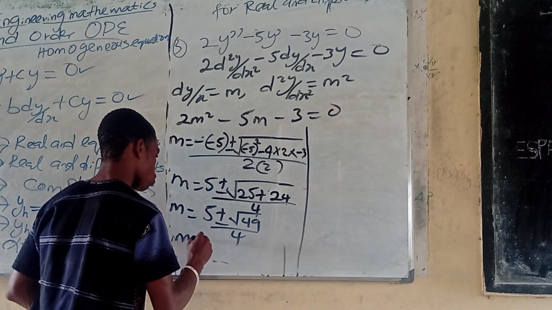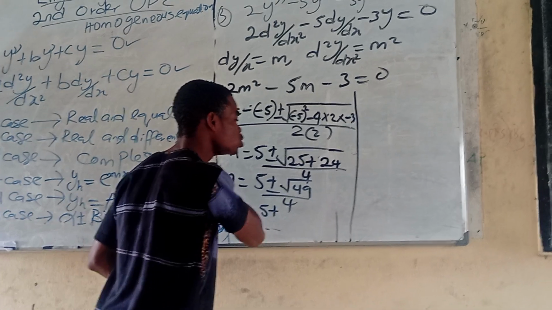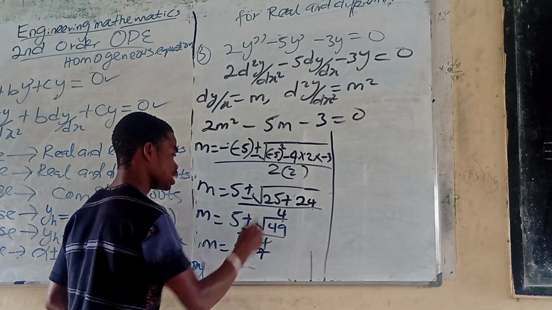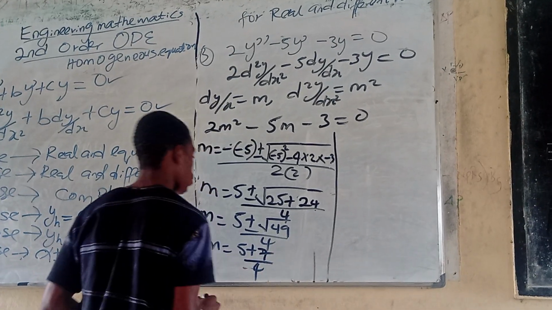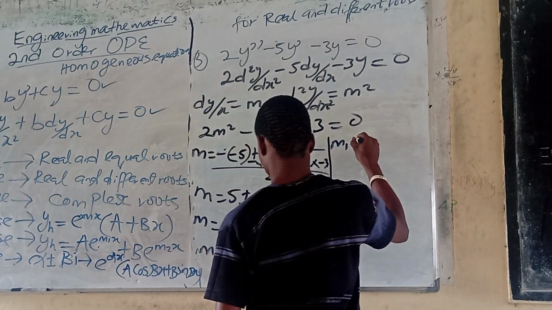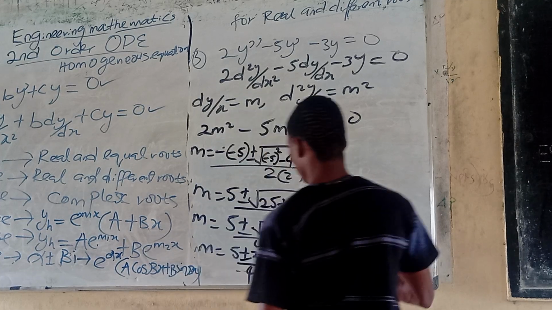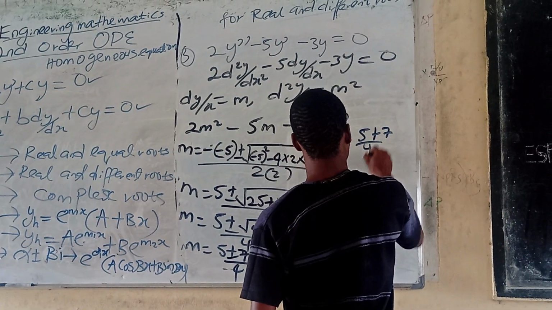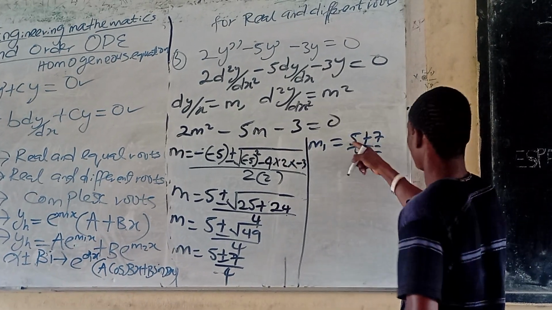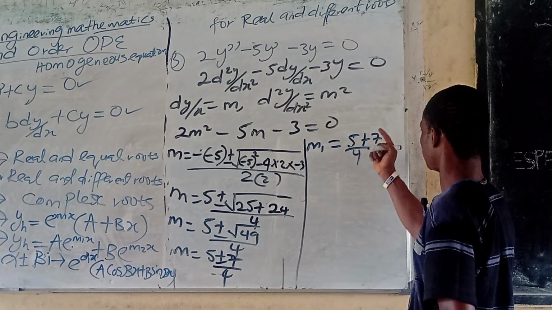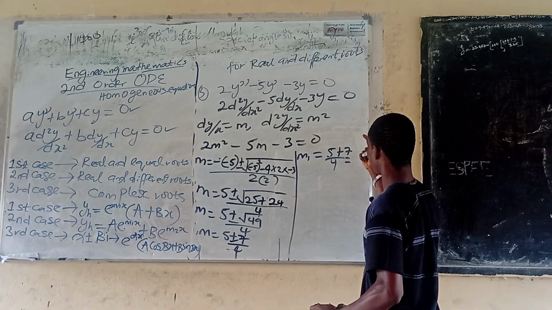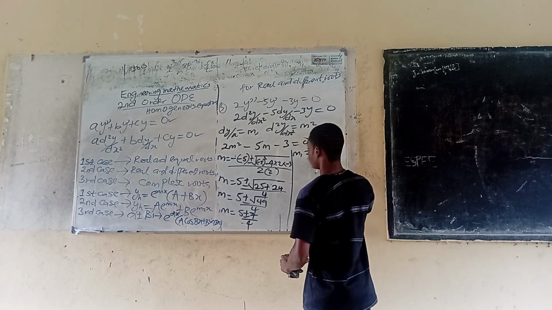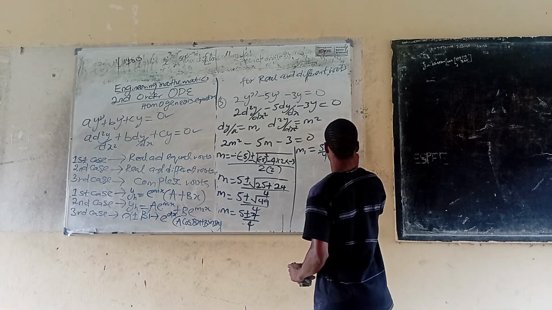So m equals 5 plus or minus 7 divided by 4, since the square root of 49 is 7. m1 equals 5 plus 7 divided by 4. 5 plus 7 is 12, and 12 divided by 4 is 3.